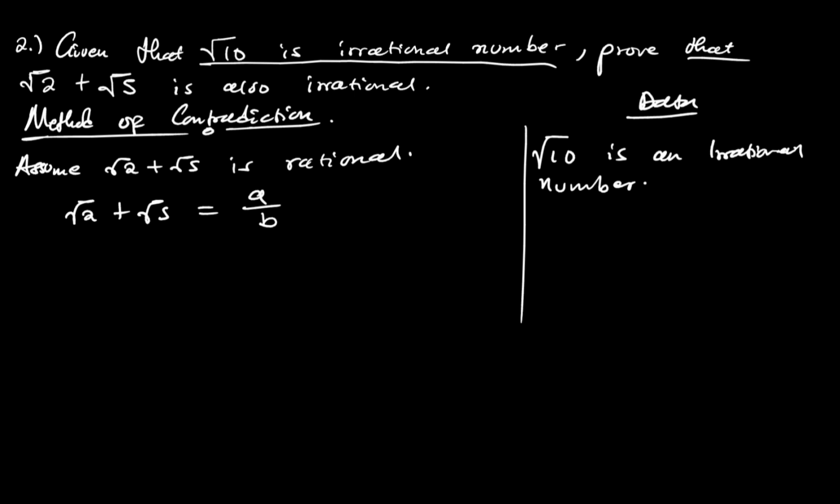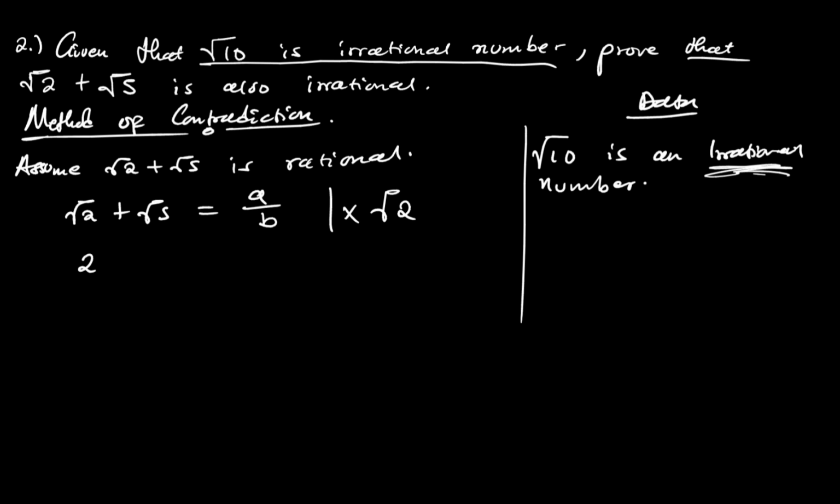So now what I can do in simple terms, whenever you see such questions, always look for the key. The key is root 10. Now remember, we have root 10 being said that it is what? Irrational. So now, how can I get root 10 from root 2 plus root 5? What I can do is to multiply the entire equation by the root of what? 2. If I multiply the entire equation by root 2, root 2 times root 2, I'll get 2.